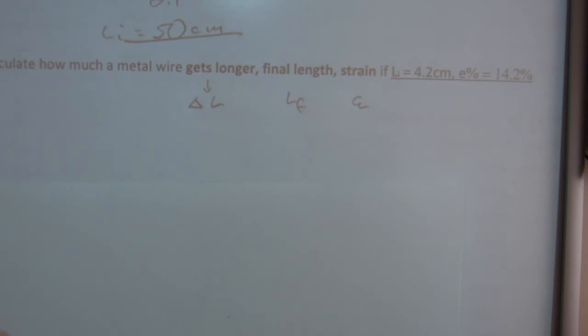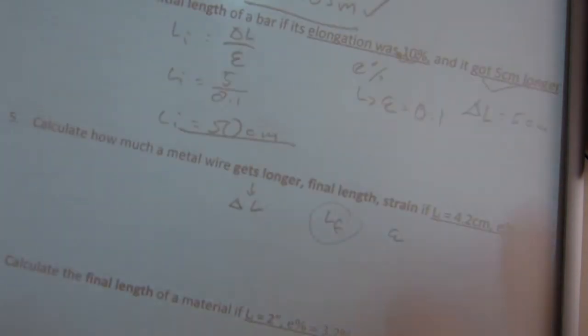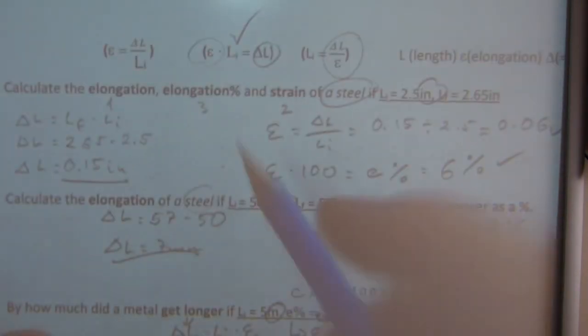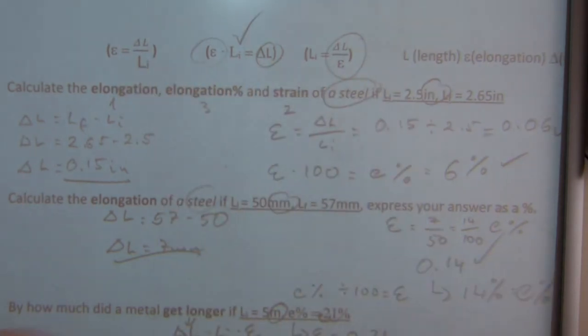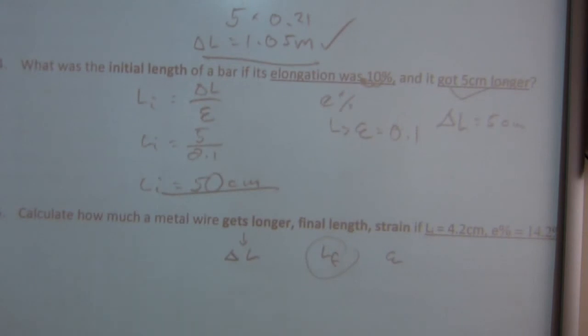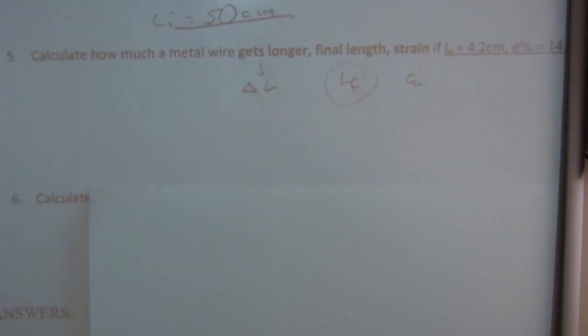Now, you don't know which one to calculate first, so that's why it's more complicated. And none of these equations up here contain the letter for final length, because there are 8 equations like I said, but I only wrote 3 of them up there, and for the final length you need a second equation. That's why it's harder than any of the previous ones.